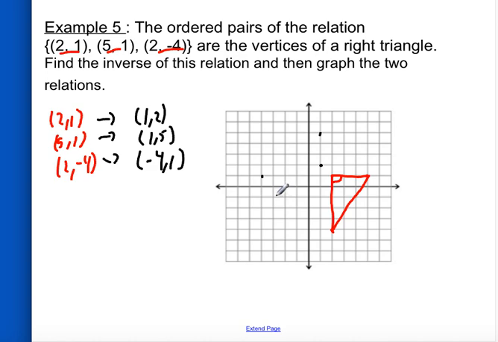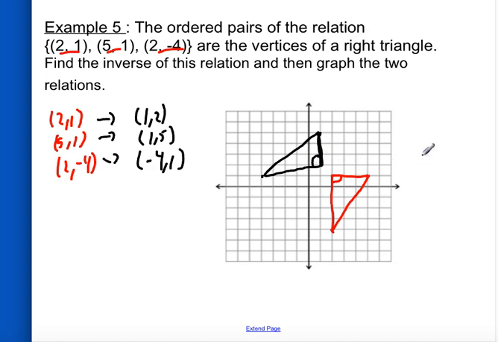So I graphed out (1, 2), and I graphed out (1, 5), and then I graphed out (-4, 2). So let's connect those. Didn't do a great job there, but not bad.